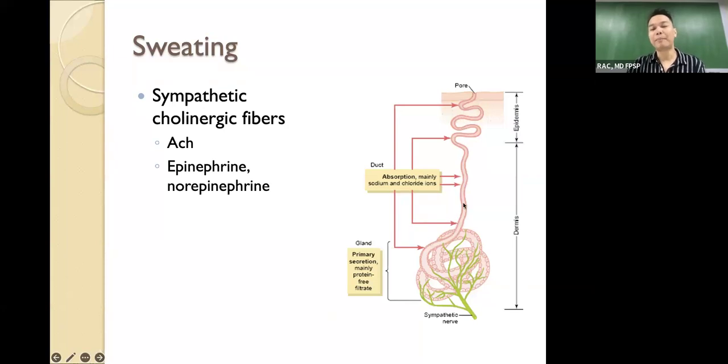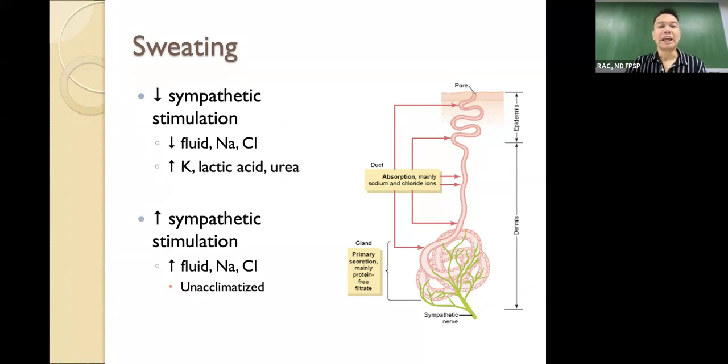Now, this fluid will pass through the ducts. The ducts, just like the tubular cells of the nephron, are responsible for reabsorbing sodium chloride and water. So it modifies the primary secretion before this fluid comes out as sweat onto the skin. So that's how you produce sweat.